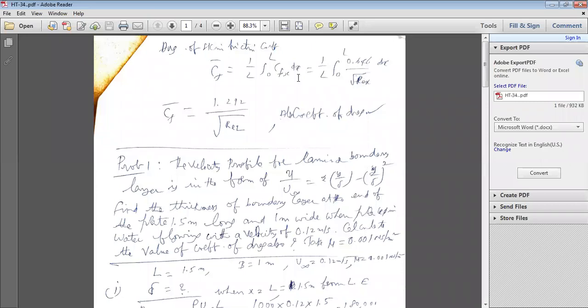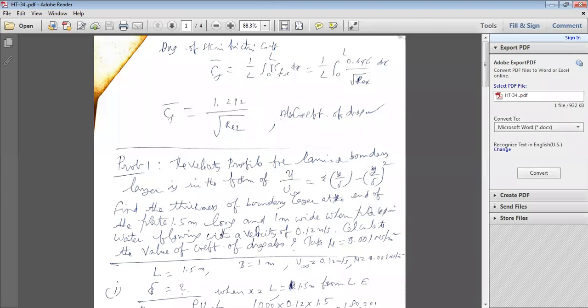So that is CFX is equal to shear stress tau by half rho u free stream square is equal to 0.646 divided by square root of Rex. That is local skin friction coefficient, where Rex is the Reynolds number at any given value of X.